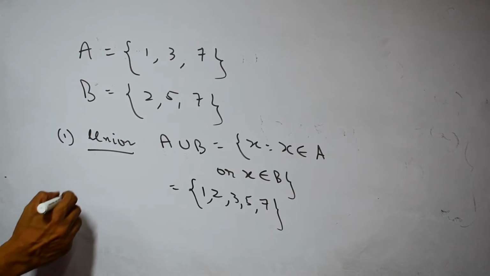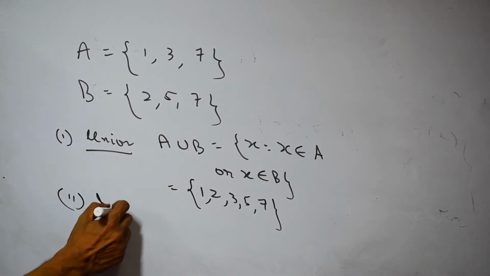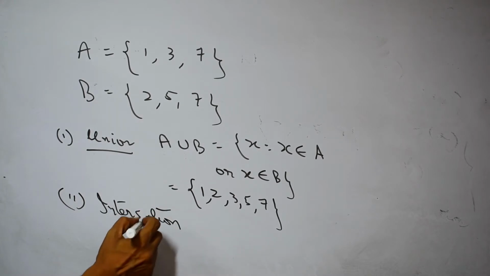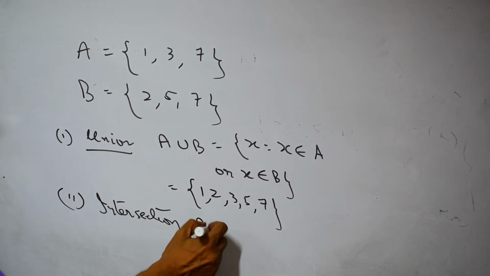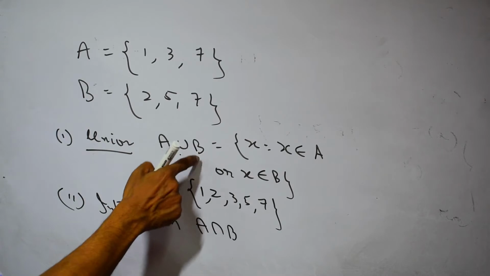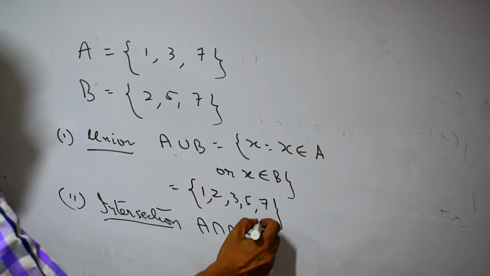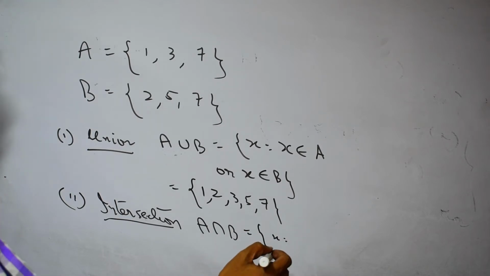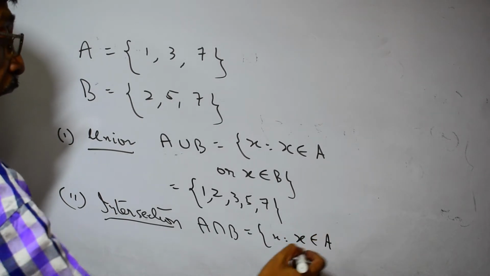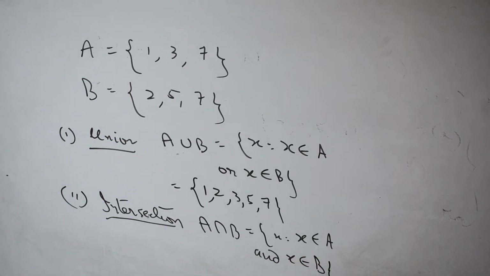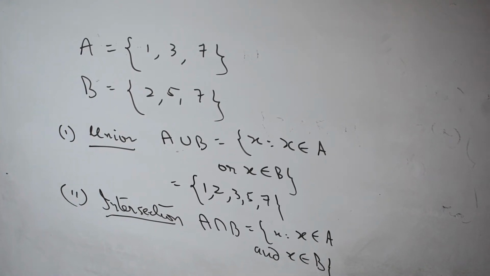Now coming to the second operation, which is called intersection. We write it this way: this notation is union and this notation is intersection. Intersection means x will be those values which are in A as well as in B also. So we have common elements.